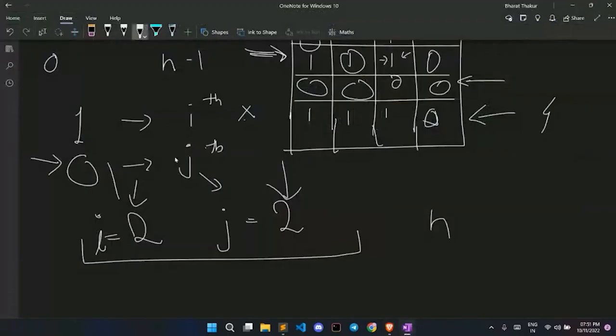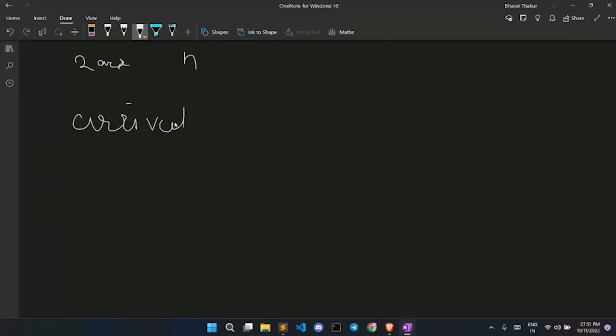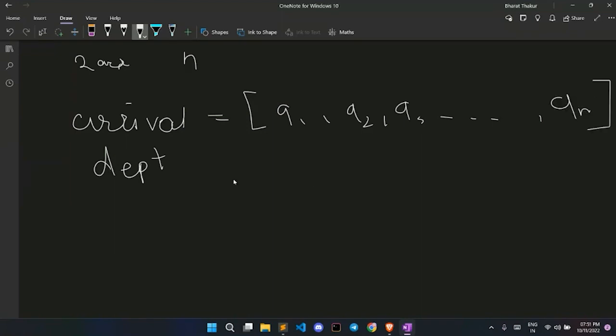So I will explain the question here also. You are given two arrays of size n. One is arrival and one is departure. In the arrival, you are given the arrival time of all the trains like A1, A2, A3. And in departure, you are given the departing time of each train.